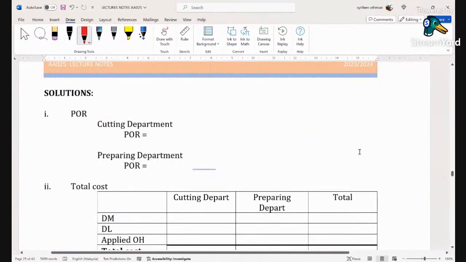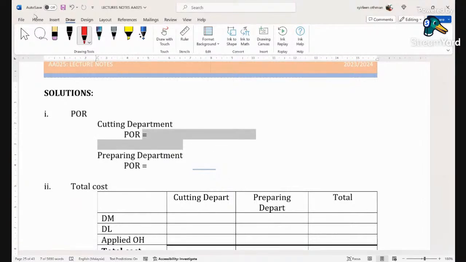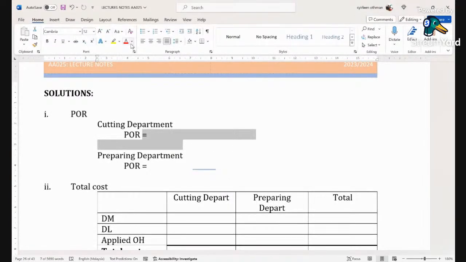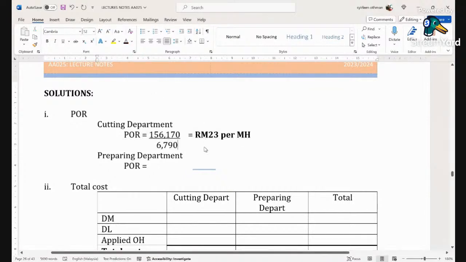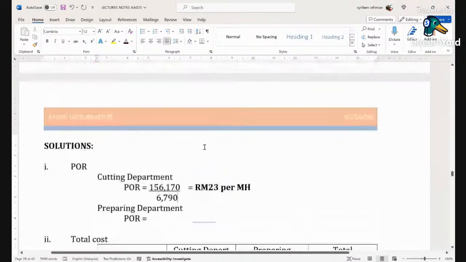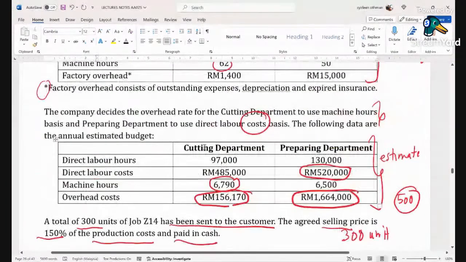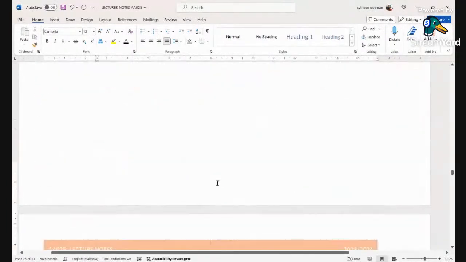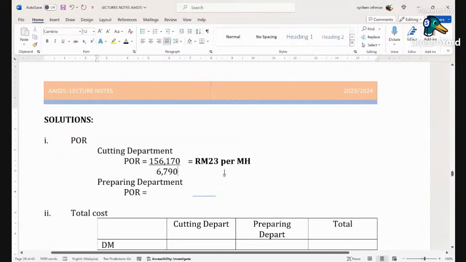So, what is the POR for your cutting department? Okay, POR untuk cutting department is going to be 156,170 yang tadi yang saya bulatkan tadi tu, bahagi dengan 6,790. So, kita akan dapat 23 ringgit.